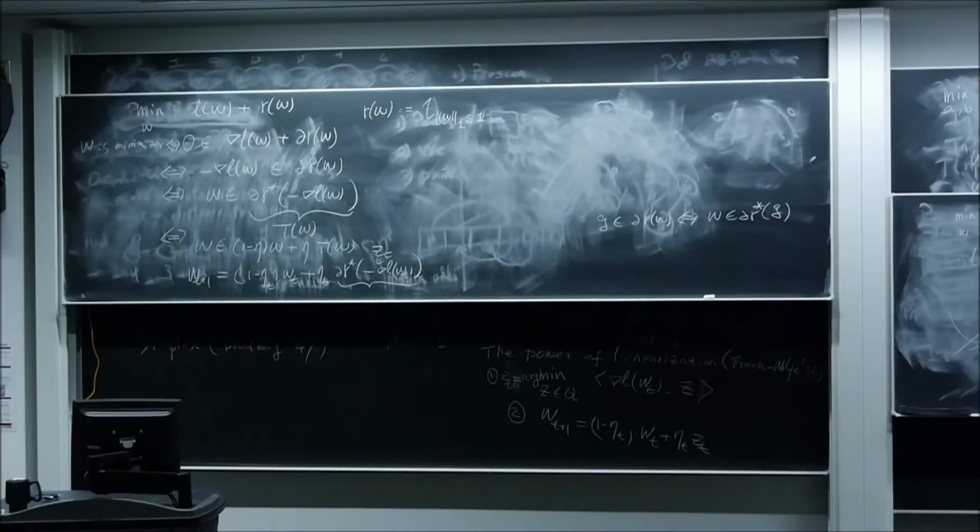So I just group everything else. Here I have ZT and the gradient, and here I have R of ZT, and I bring eta out. I have something left, which is just WT of the gradient.